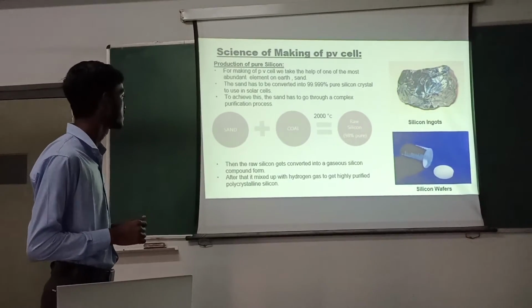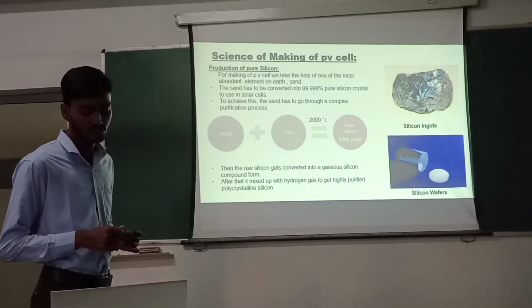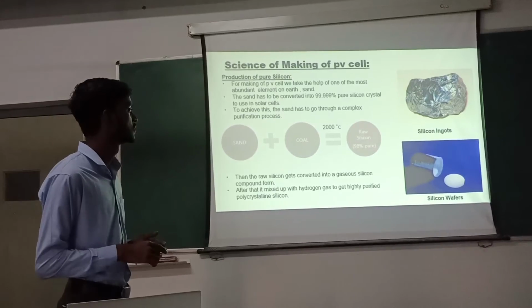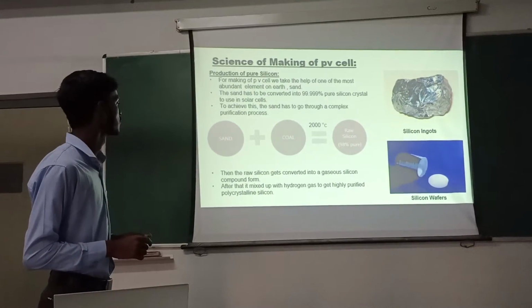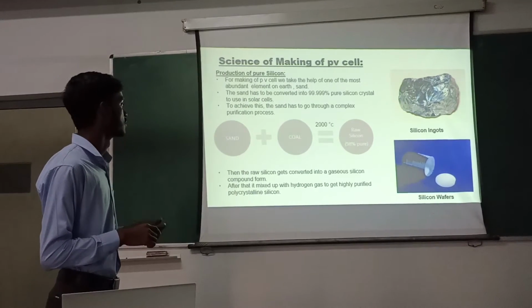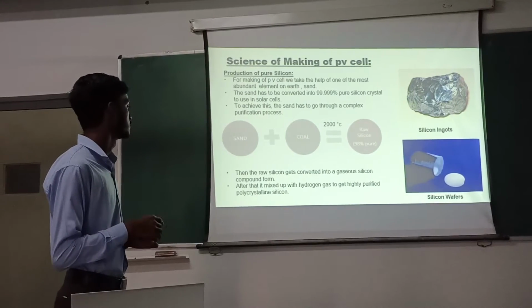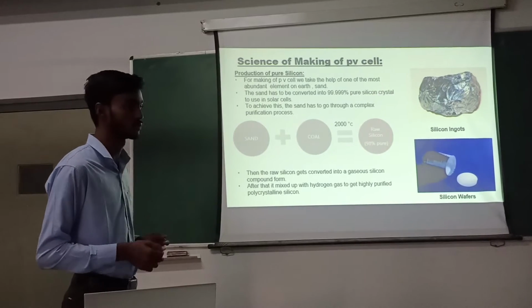This process is shown there. From this we get 98% pure silicon, but this is not usable in the photovoltaic cell. So further we convert the raw silicon into gaseous silicon and then mix it with hydrogen gas to get highly purified polycrystalline silicon.